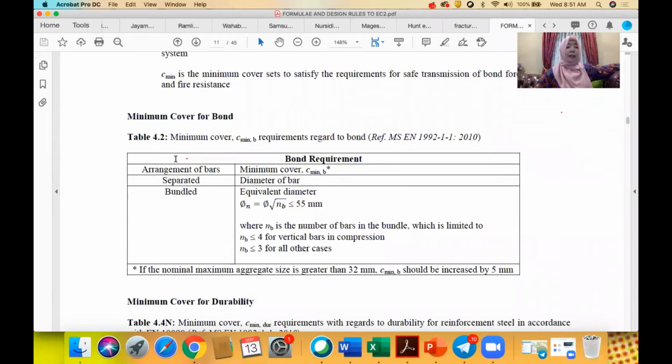So C min is due to the 3 parameters. The first one is minimum cover for bond. For the bond, it must be determined whether your bars are separated or bundled.